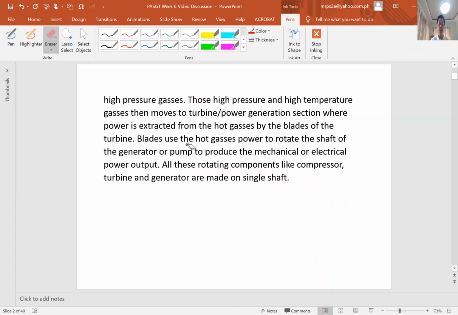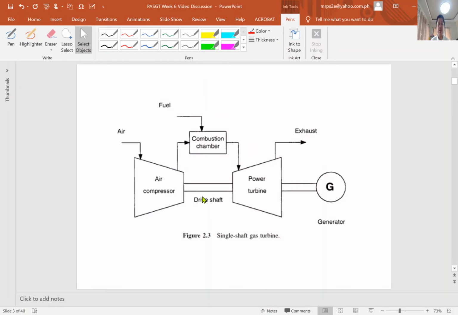Blades use the hot gases' power to rotate the shaft of the generator or pump to produce the mechanical or electrical power output. All these rotating components, like compressor, turbine, and generator, are made on a single shaft. So that is called a single shaft turbine. In here, this is the drawing of the single shaft turbine.